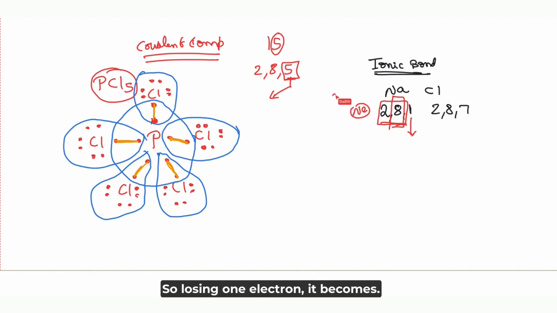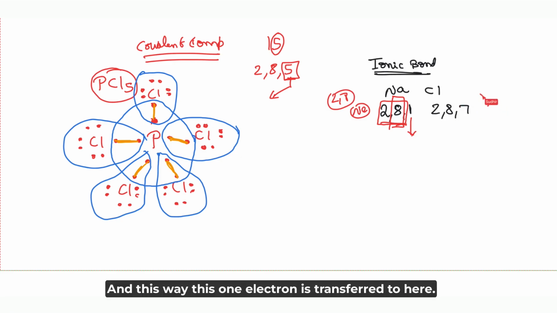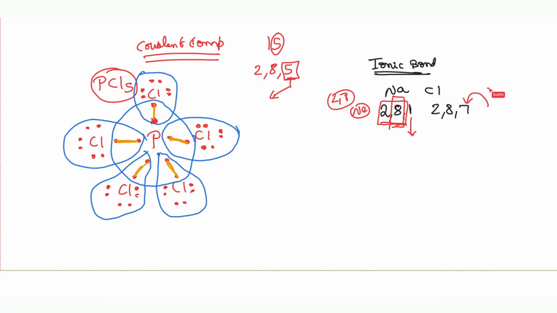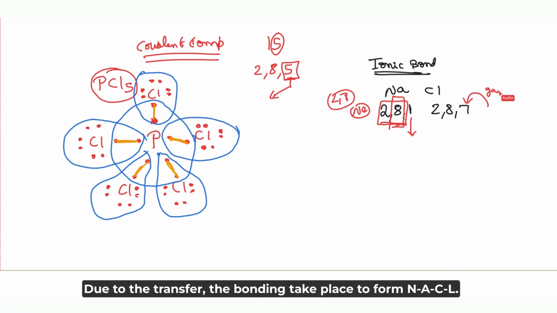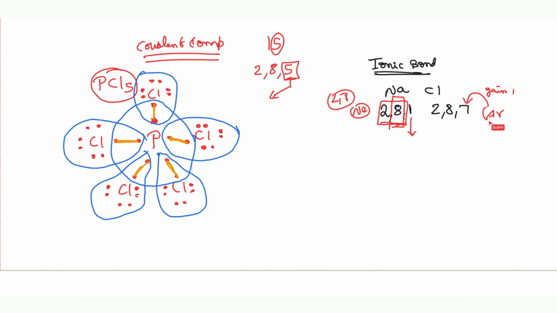So losing one electron, it becomes Na plus, and gaining one electron becomes Cl minus. This one electron is transferred, and due to the transfer, the bonding takes place to form NaCl.